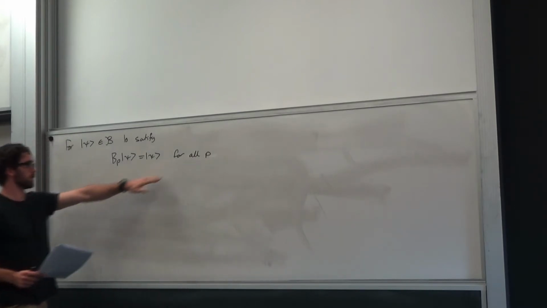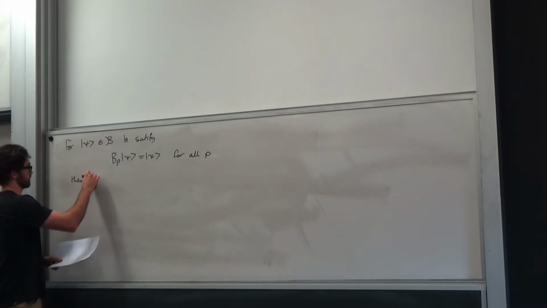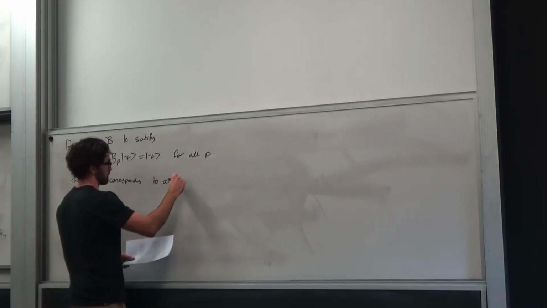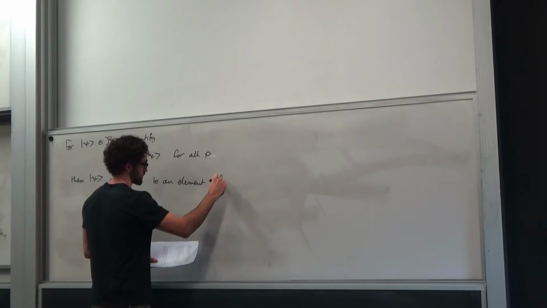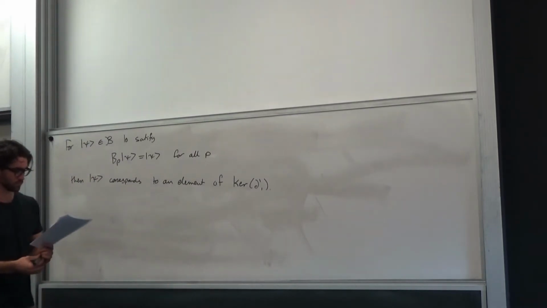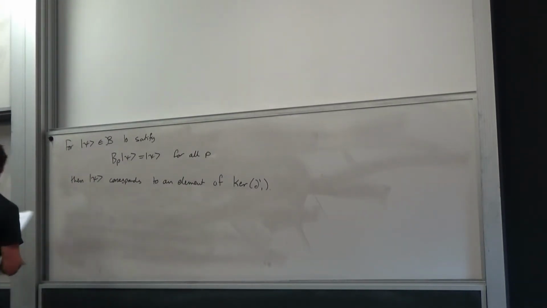So elements in here correspond to elements in these vector spaces, and when we apply this condition, it's going to be exactly the elements in the kernel of this map here. You can think of that as saying that the sum of these labels around any plaquette has to be 0 mod 2.